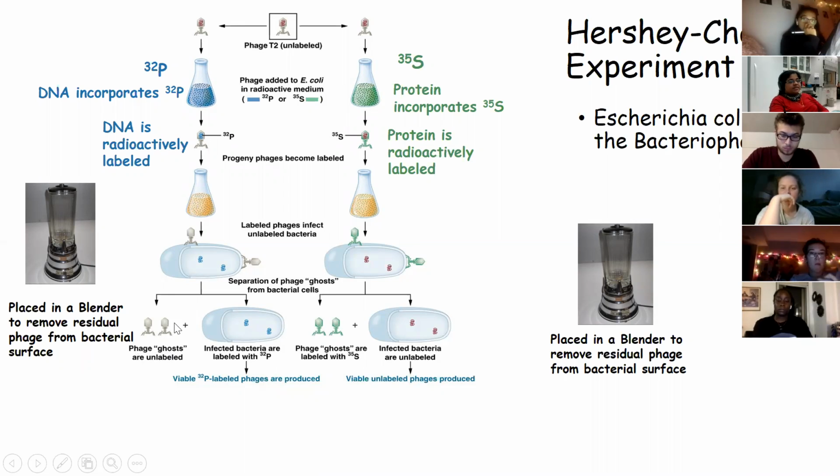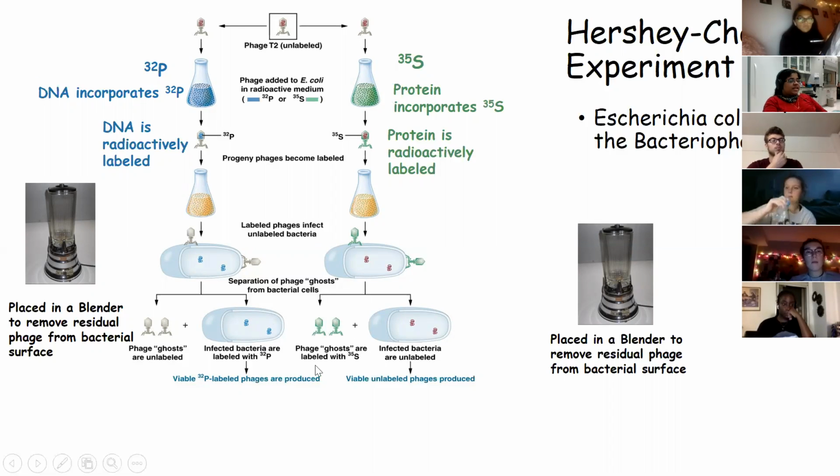showing that the phages are unlabeled when it's DNA that is incorporated, and the bacteria gets labeled with the P32. Whereas with the sulfur 35 one, they saw that the proteins ended up labeled in the phage itself and not in the bacteria.